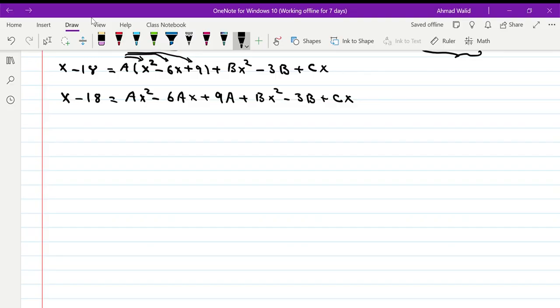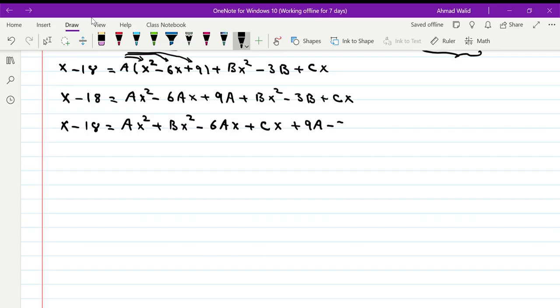Then x minus 18 equals ax squared. I'll bring the bx squared close to this. Bx squared, after x squared, I put the x's, right? Minus 6ax, minus 3bx, plus cx, right? And at the end, plus 9a.